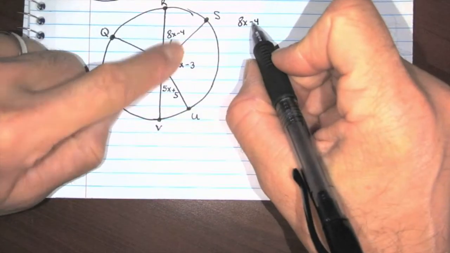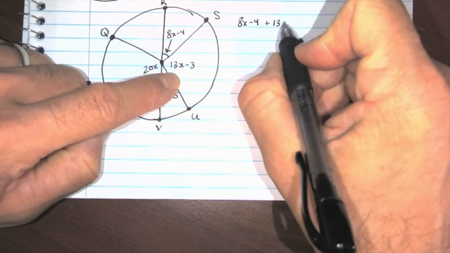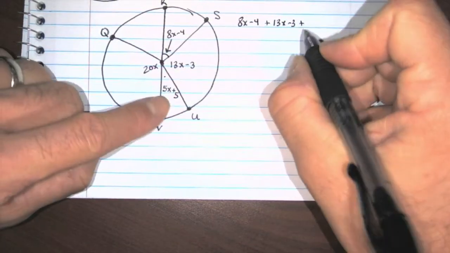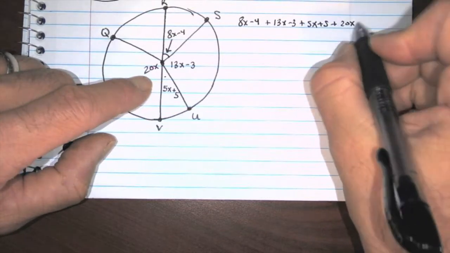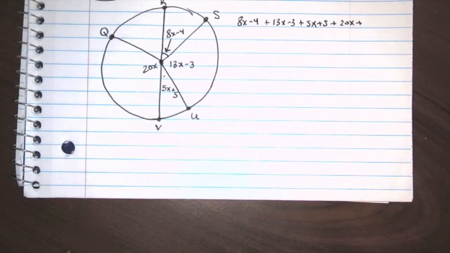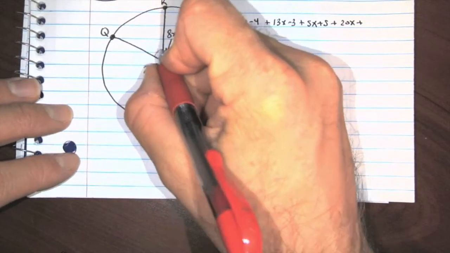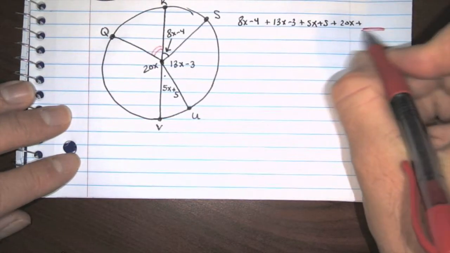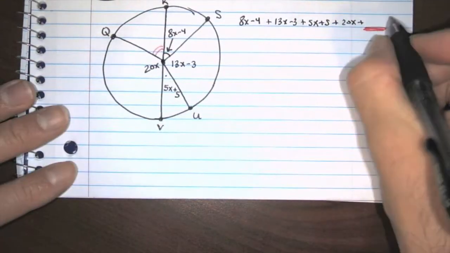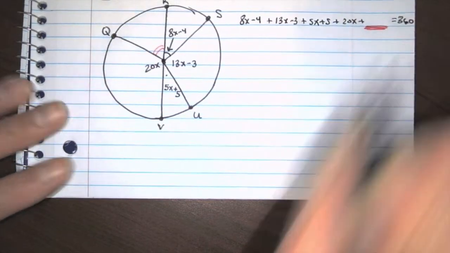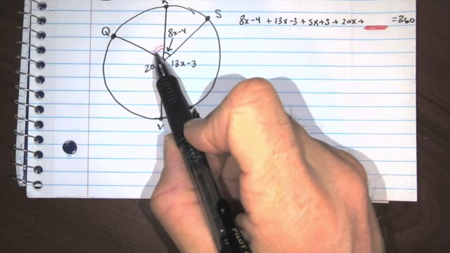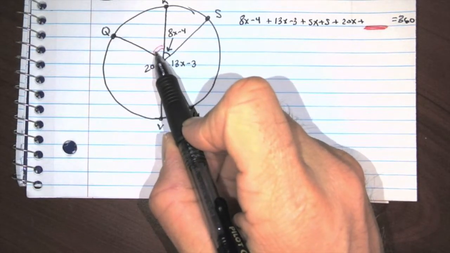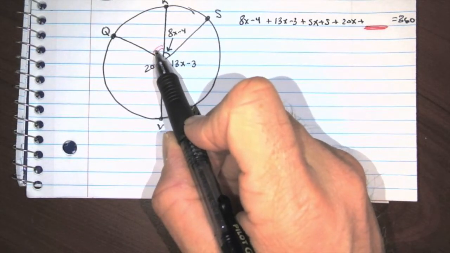If you add this angle and 13x minus 3 plus 5x plus 5 plus 20x plus whatever that last angle is that Mr. Kosal is about to give us, we're going to put it right here, and then we're going to set it equal to 360, right? That's what we're going to do. Okay, Mr. Kosal, give us this last angle.